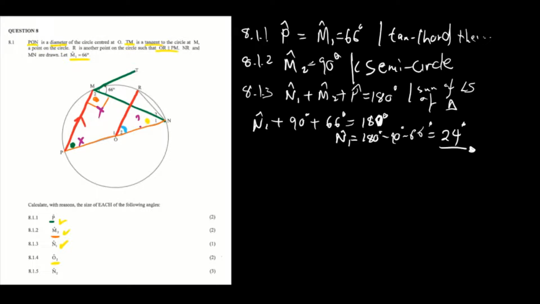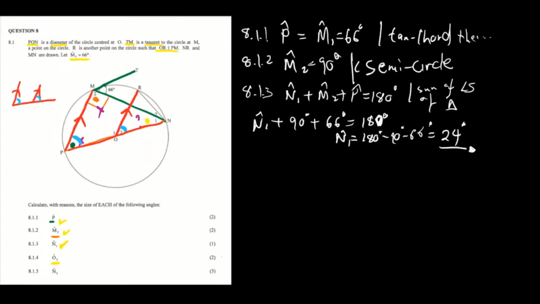So these are parallel, and this is going to be more like your F. If you remember your properties of parallel lines, this angle here is equal to this angle here, and that is corresponding angles. So this angle of P is equal to your O2.